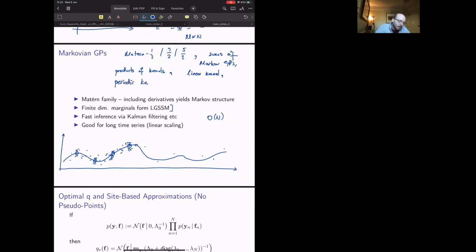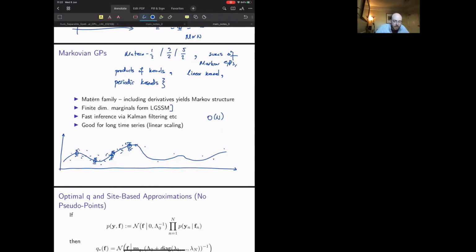But they actually wind up looking more like basis function approximations, where you have a collection of pseudo points on the interval of your periodic kernel. Every time you see a new data point, you update all of them. You propagate that whole state forward. So the approximations here tend to wind up being quite high dimensional.